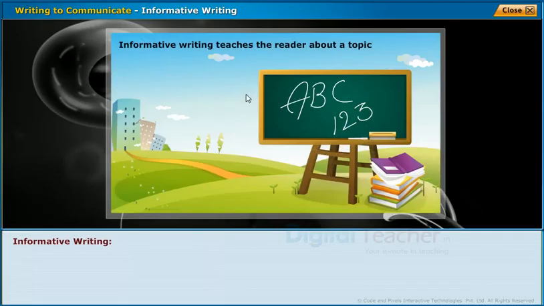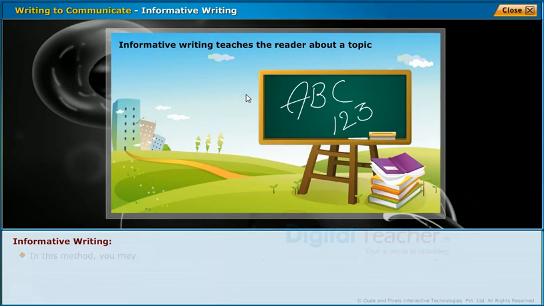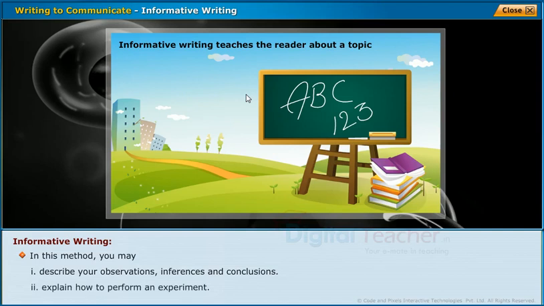Informative writing. The purpose of this method is to clearly and accurately inform about the topic you are learning. In this method, you may 1. Describe your observations, inferences, and conclusions. 2. Explain how to perform an experiment.